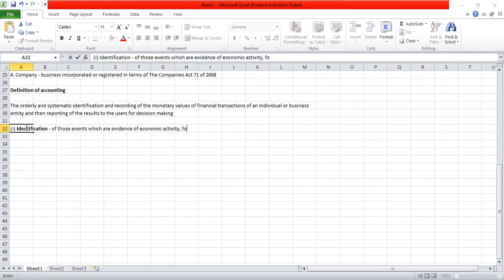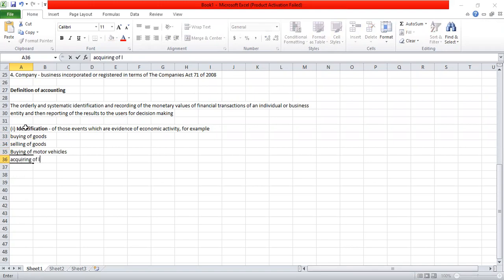For example, we've got buying of goods, selling of goods, buying of motor vehicles, acquiring of loans.